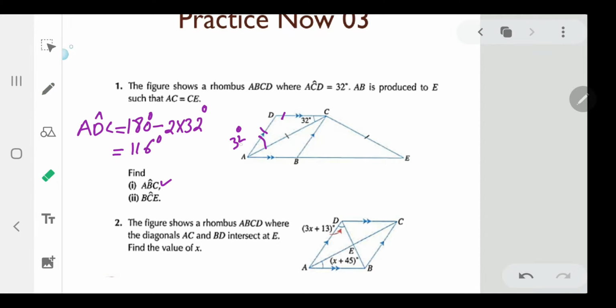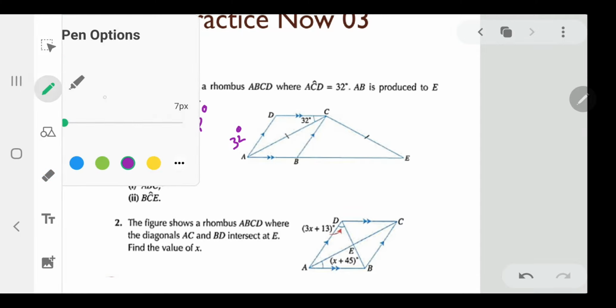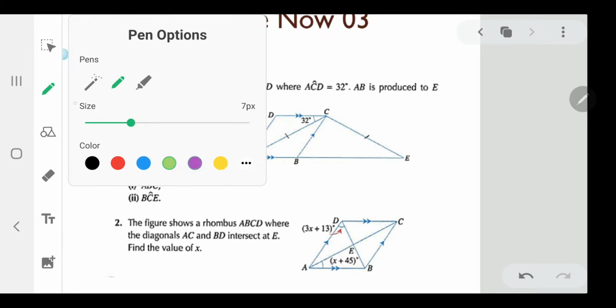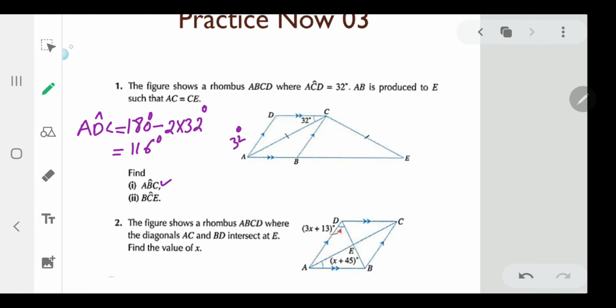But we also know that, in this diagram, if this angle, which is ADC, is 116 degrees, this angle must be equal to this opposite angle, which is ABC.